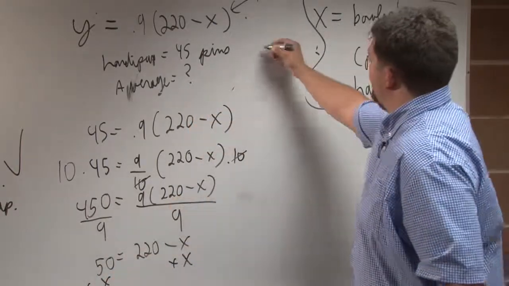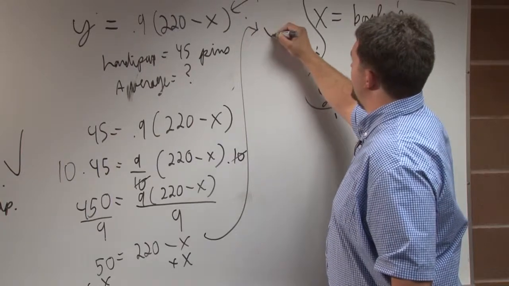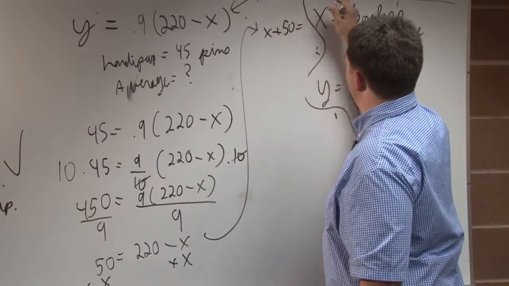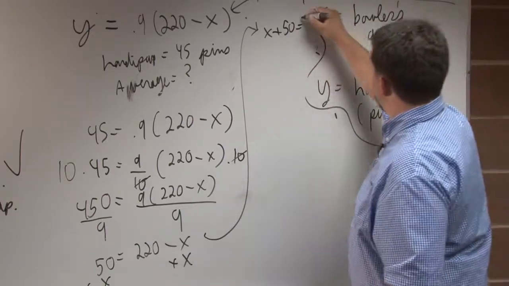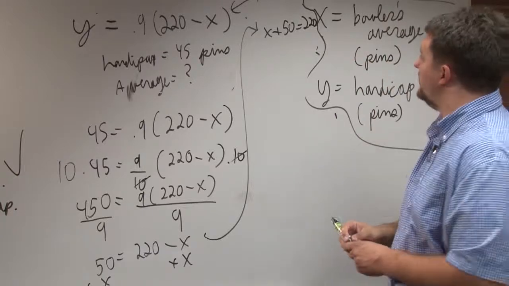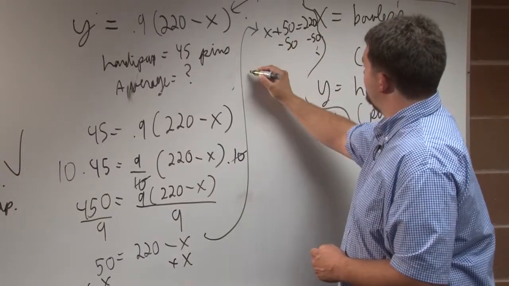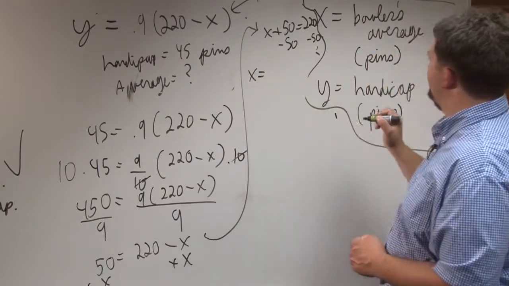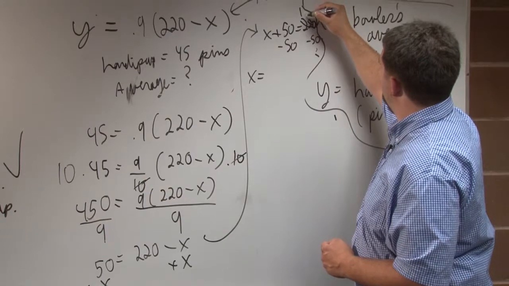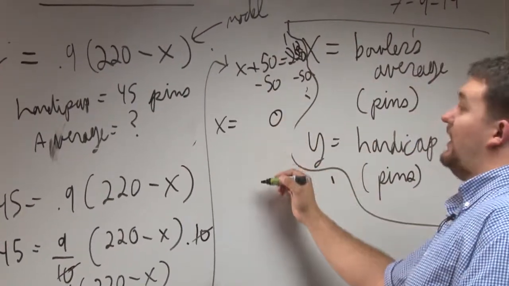But they're not common terms, so I just have to write them next to each other. x and 50 is positive, so there's x plus 50 equals 220. And I'm getting very, very close to being done. So subtract the 50, subtract the 50, and x is, well, that becomes a 1. That becomes a 12. So we got a 0 there. 12 minus 5 is 7.